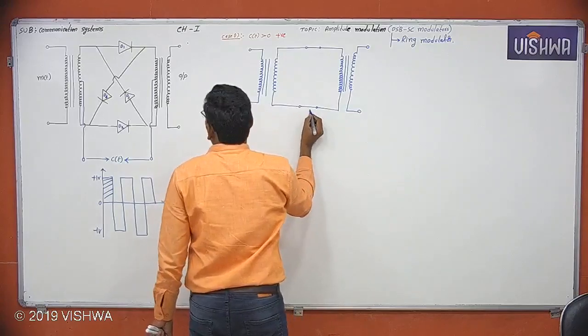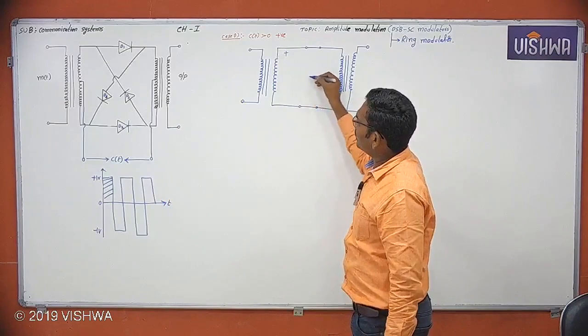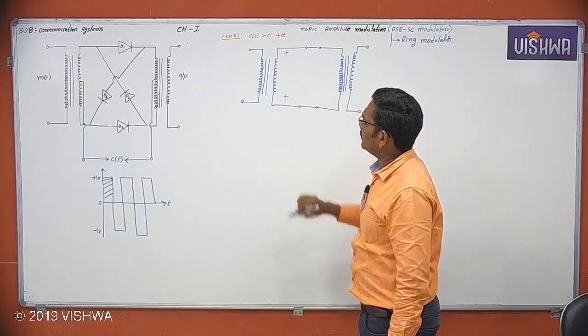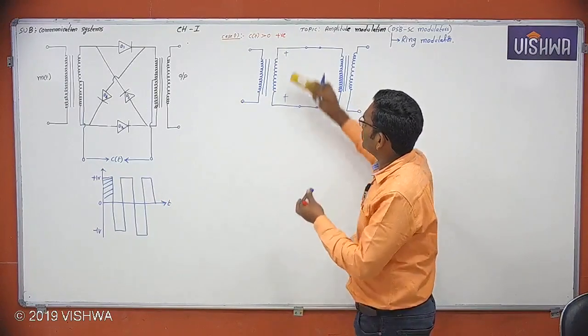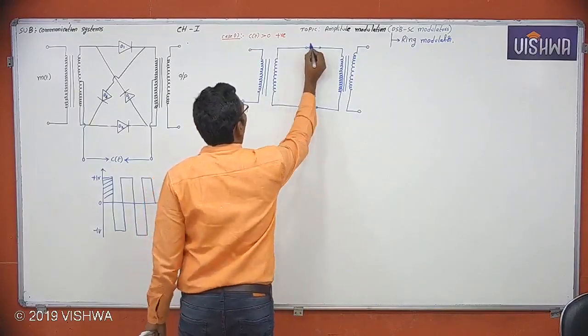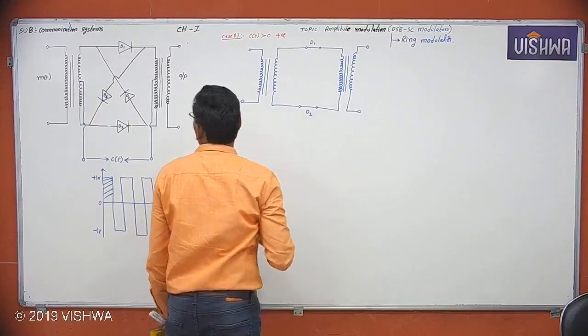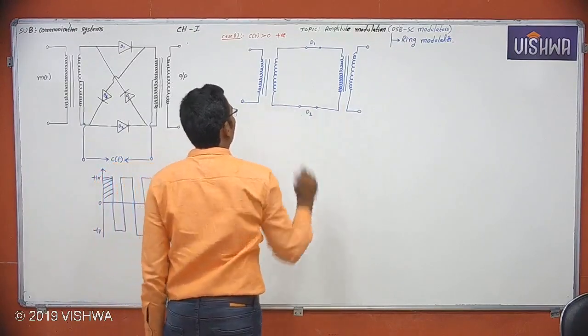Now diode D3 and diode D4, because this is the positive is connected to cathode, this positive is also connected to cathode, then these two are reverse bias. Now diode D1 and diode D2 is forward bias. Okay. Now diode D3 and D4 is reverse bias.